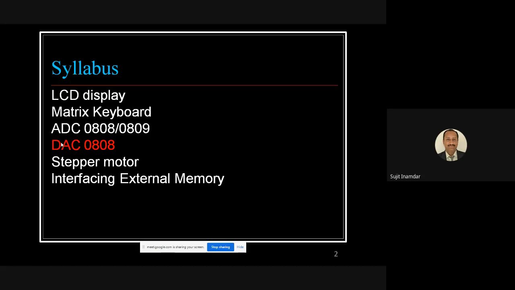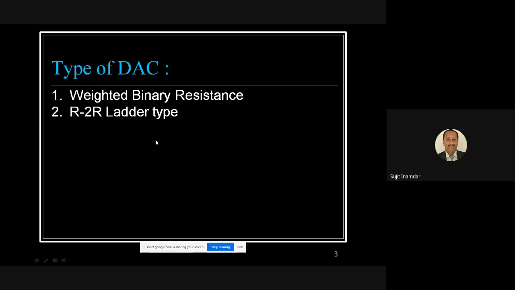Now, as far as the DAC is concerned, that is the opposite one, the digital to analog converter. As we have seen in the last session, the types depend on the way of conversion. Basically two ways are there by which the digital signal can be converted into the analog one.